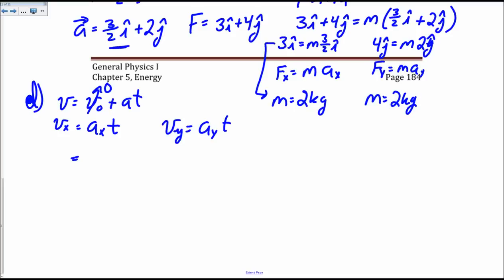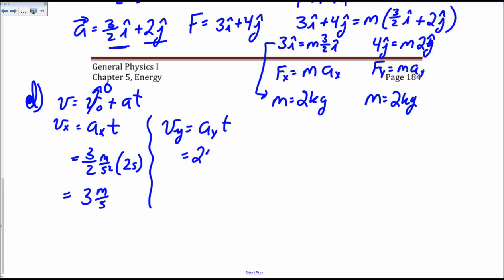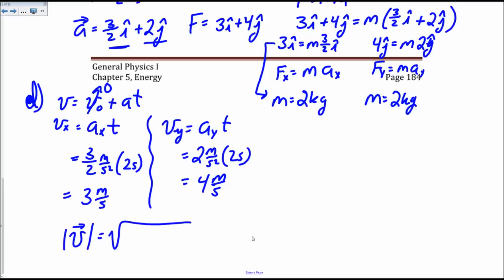Ax is 3/2 times 2 seconds, so that's 3 meters per second. Vy is 2 meters per second squared times 2 seconds, so that's 4 meters per second. So I have 3 and 4. The magnitude of my velocity at that point is the square root of 3 squared plus 4 squared, which of course is 5 meters per second.